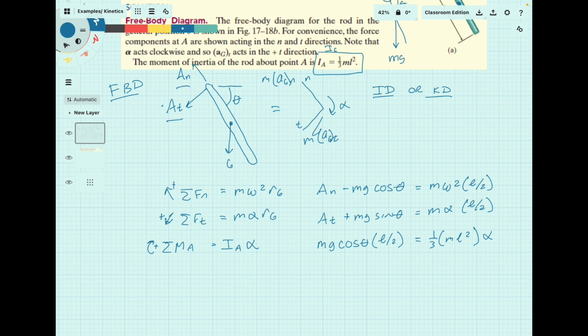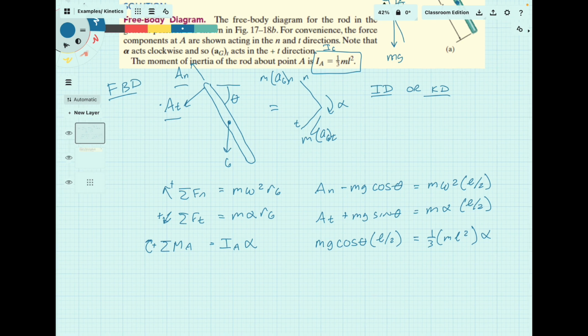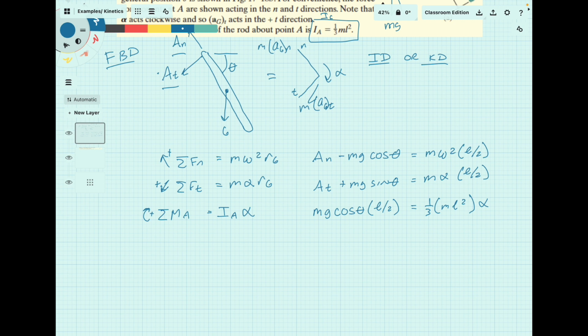Now this is another one where orienting the normal tangential system to the bar itself just makes the components a little easier. I could also solve this in an XY system that's in a kind of traditional orthogonal sense, but the normal tangential system will make it a little more straightforward.